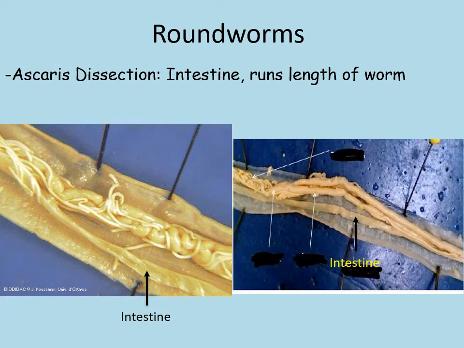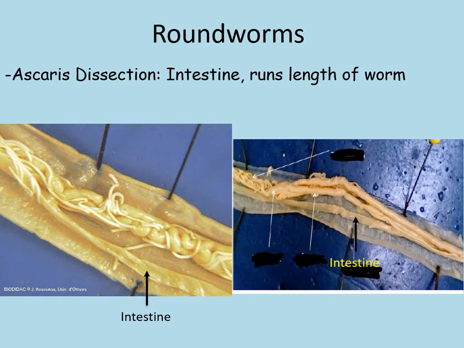For the Ascaris dissection, they are obligate parasites, so they do not have a ton of different organ systems inside their body. There's not a lot to see. They are mostly a bag of reproductive tissue. Inside their body, they do have a pretty simple digestive tract made up of this intestine.